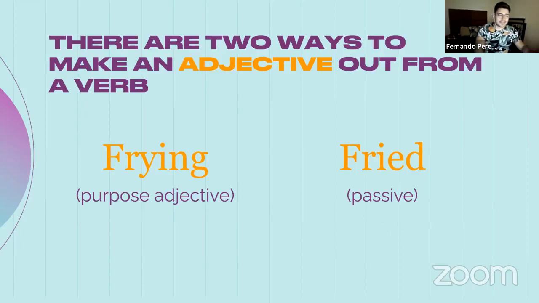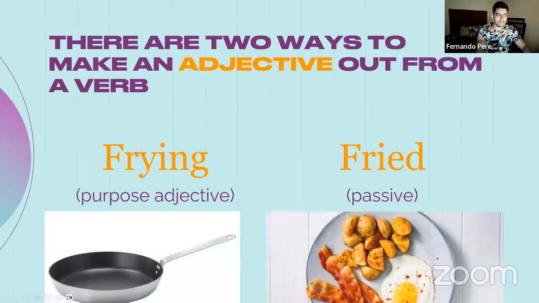A good example of this is, for example, the following objects. A frying pan and fried eggs. This is called frying pan.